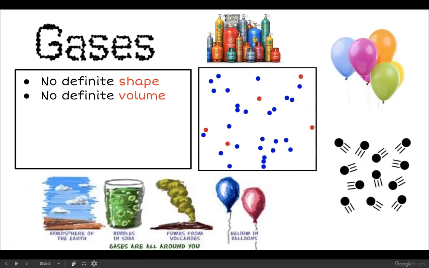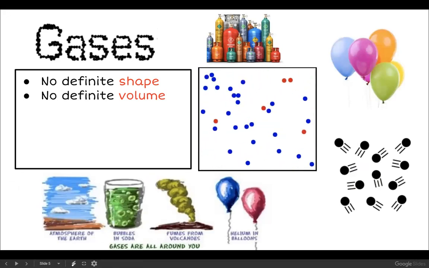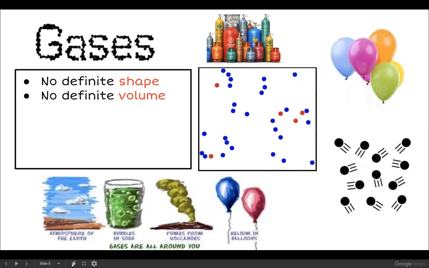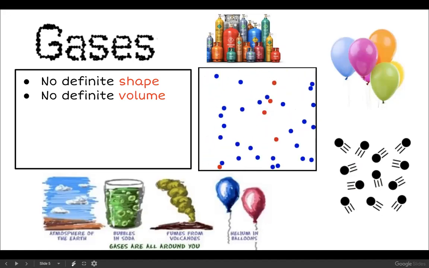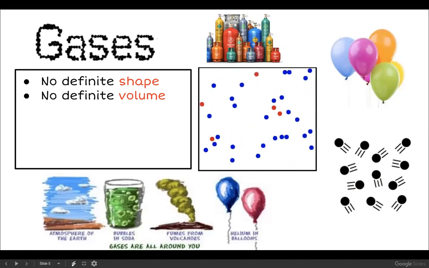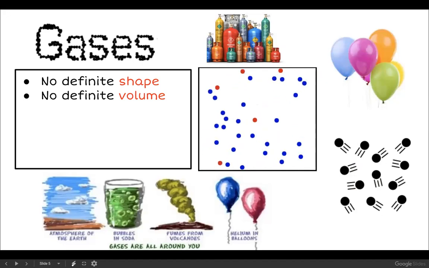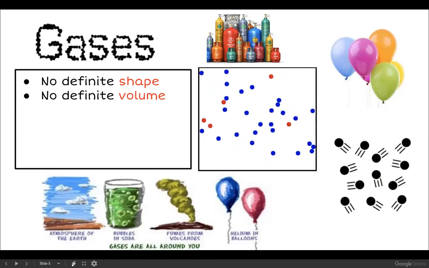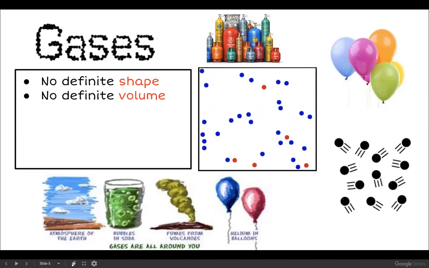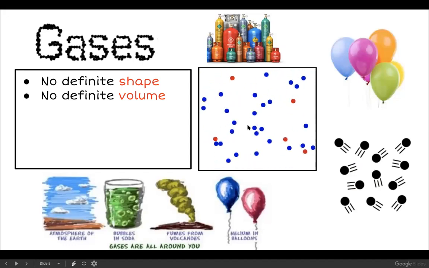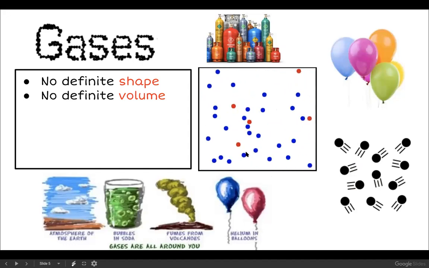Gases take up as much space as they're allowed to take up. So if you fill a balloon, they're going to stretch that balloon as much as they can. If you empty that balloon into a room, they're going to fly into every corner of that room, just like you're seeing in this box with the blue and red gas particles bouncing around.